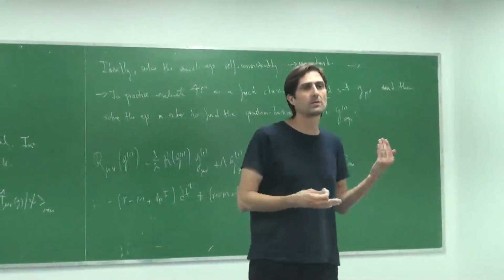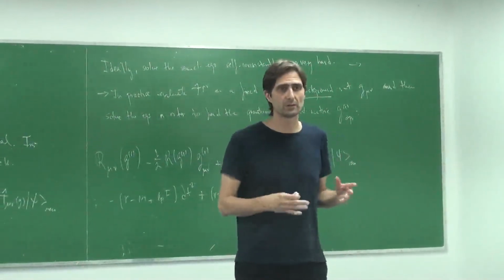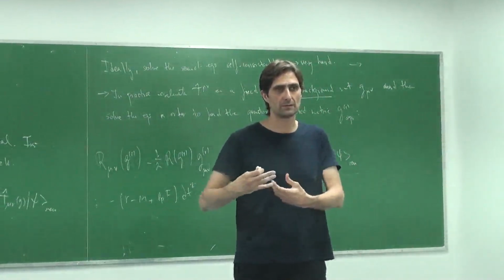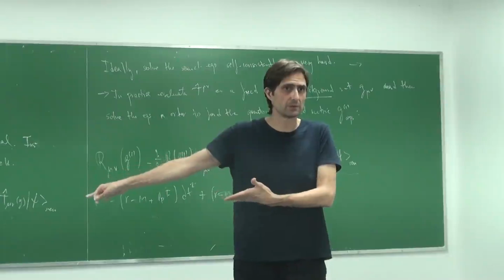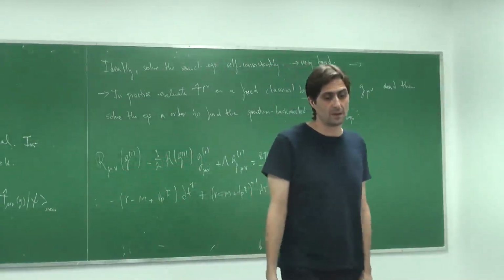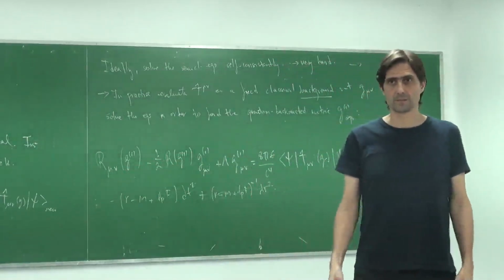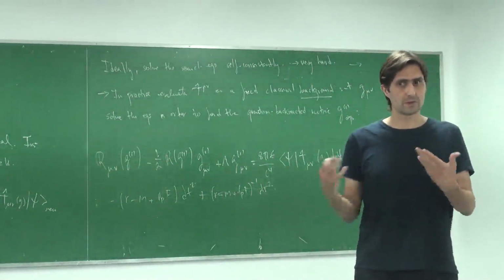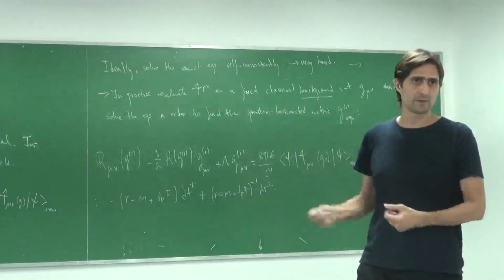So some people incorporate that. There's a lot of frameworks in which they're trying to do this. But this in principle is higher order, subdominant to this. This would be closest to classical gravity, if you wish. We're still incorporating quantum mechanics.